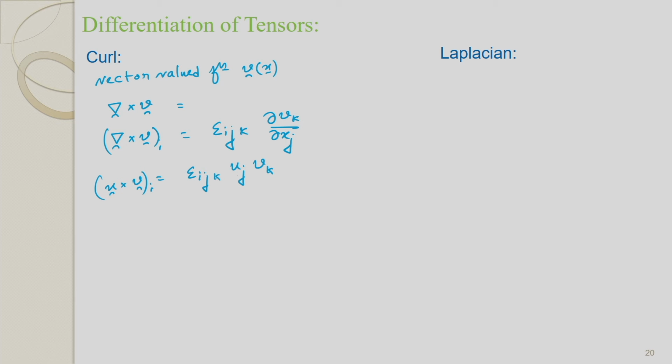So, curl of v, it is a vector. So, similarly, curl of a tensor valued function is a second order tensor. So, we can write the component.